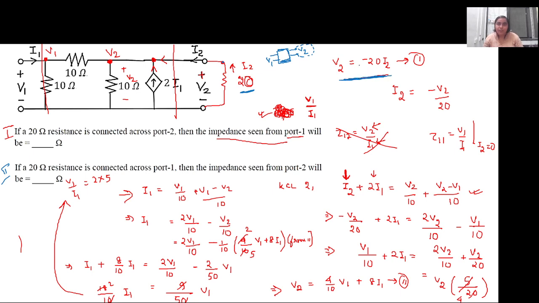So in this case we get V2 equal to minus 20 into I2. Then the solution of the rest of the circuit is as it is.